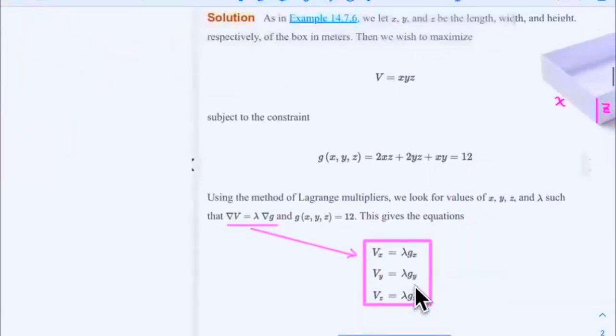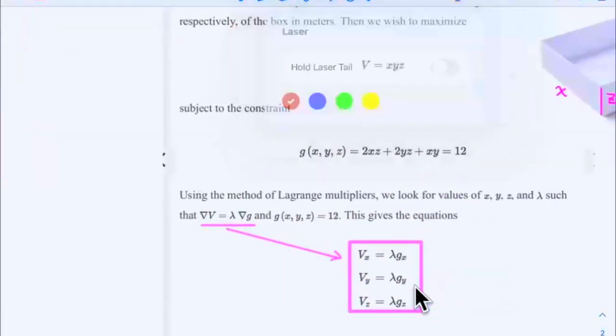Just looking at this, can you tell me what the partial derivative of V with respect to x is? YZ. And then lambda times, what's the partial derivative of g with respect to x? 2z plus, this one here will be 0, and then the partial derivative of this with respect to x is y.